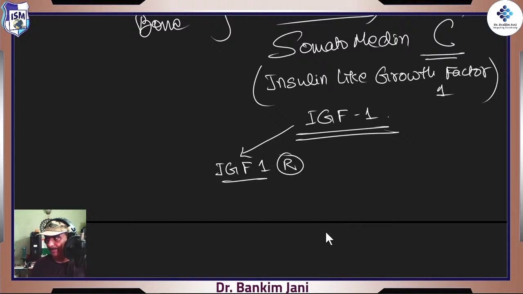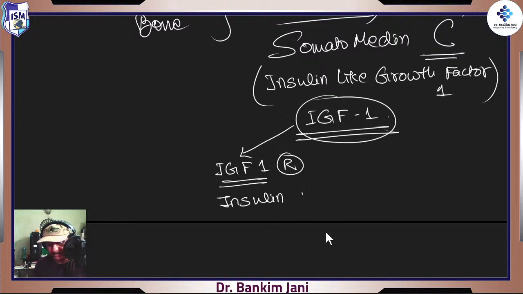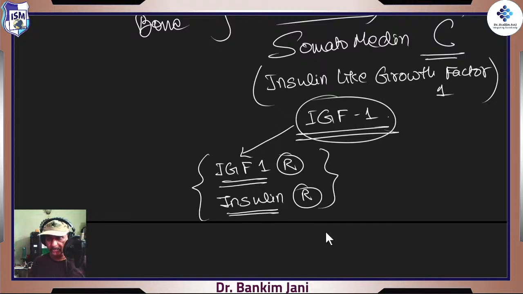Okay, I'll come to that. So this IGF-1 is a chemical. There are receptors for it, but because it is like a cousin of insulin, it can act even on insulin receptors. In such a case, everything what insulin is doing is done by IGF-1.